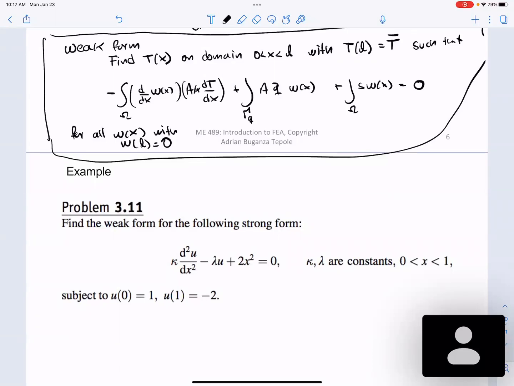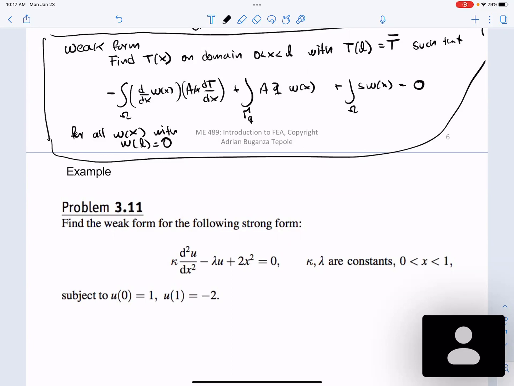Come to that next class. It does have a meaning, it has some information. For now, whenever you know the value of the function, then you just set the weight function to zero.